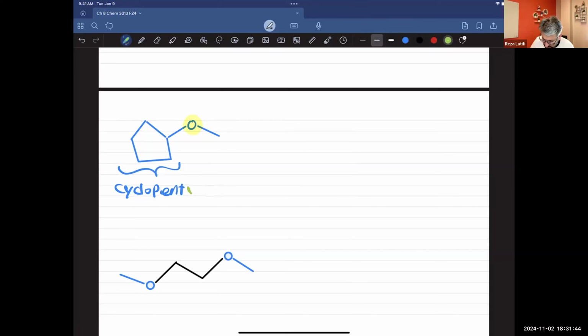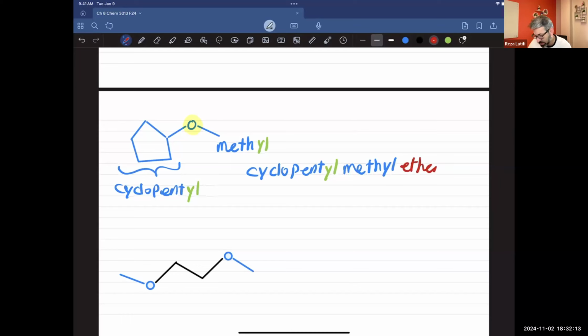Cyclopentyl, and this one will be methyl. So the way we're going to name it, we will say cyclopentyl, and then methyl, and next we say ether. We add the ether to the end of the name. So it will be cyclopentyl methyl ether.